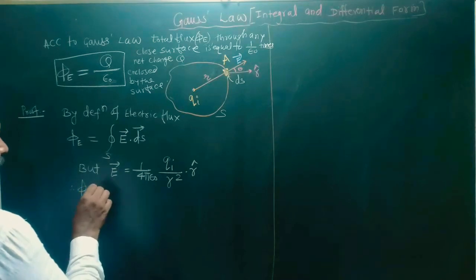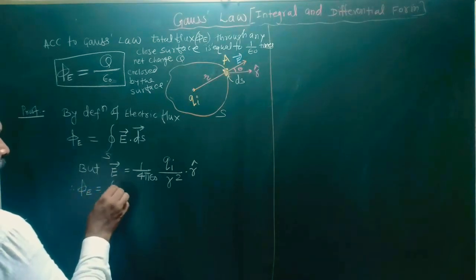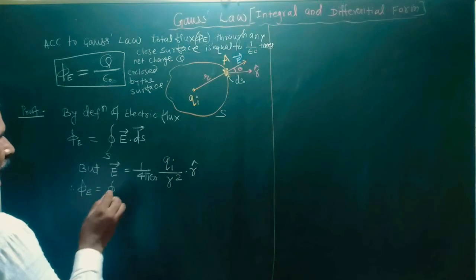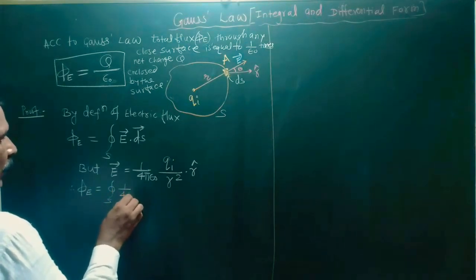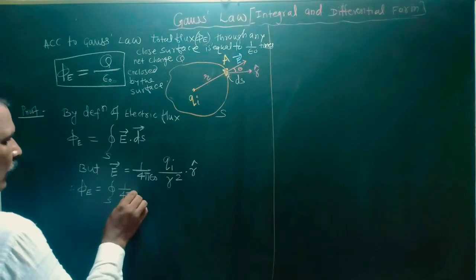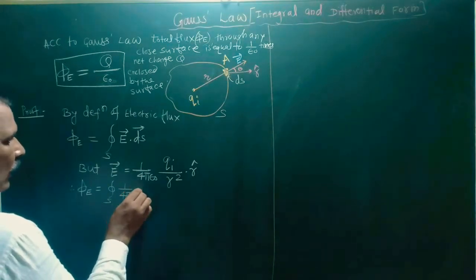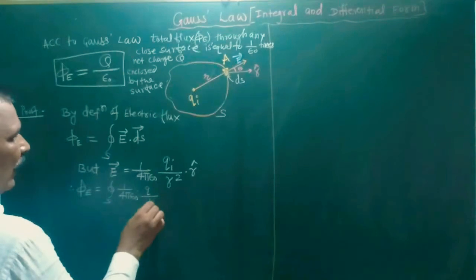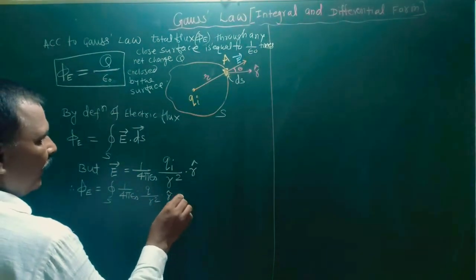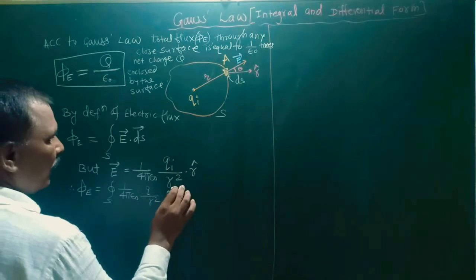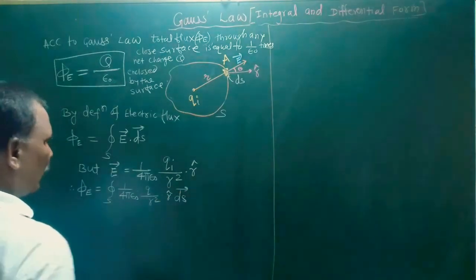the surface integration over the surface of 1 upon 4 pi epsilon naught into Q by R square into R cap into ds bar. This is what we have to consider here.